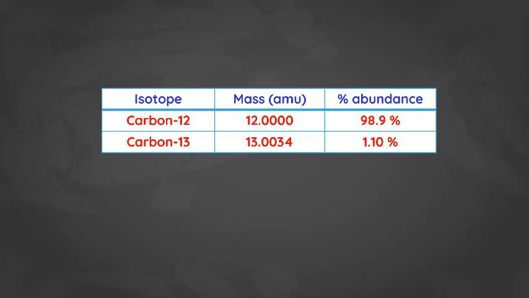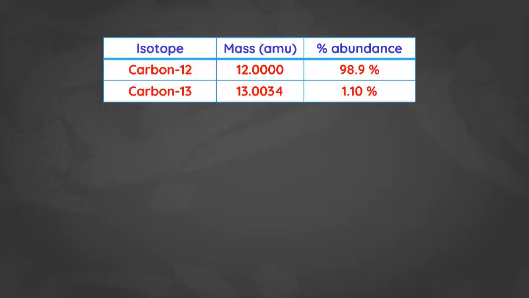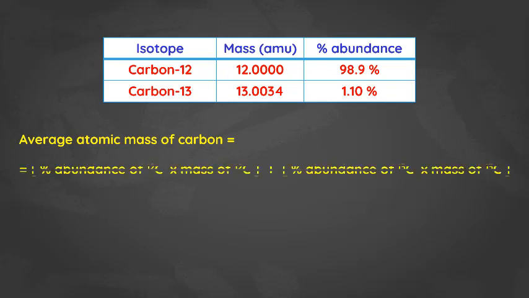So, how are we going to use this data to determine the atomic mass of carbon? Since there are two major isotopes of carbon, firstly, the average atomic mass of this element must be determined. The percentage abundance of carbon-12 is multiplied with its isotopic mass plus the percentage abundance of carbon-13 multiplied with its isotopic mass.